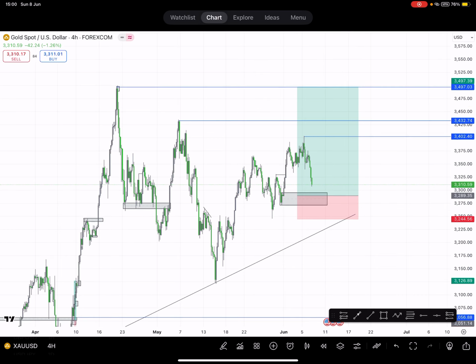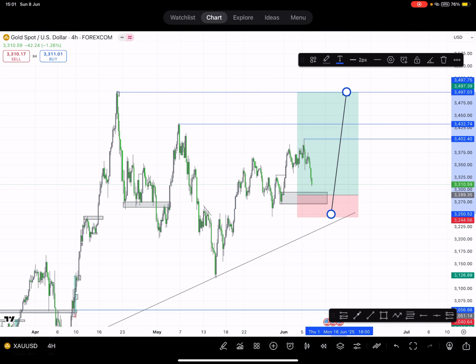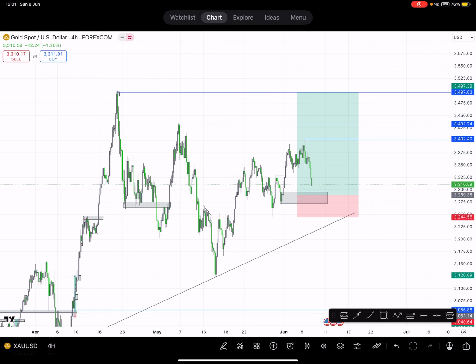So now I'll wait for price to get to this point. I'll wait for price to tap me in on this point and then reverse. And while I'm on this trade, I'll actually have to put in proper risk management. Price got to this point now.